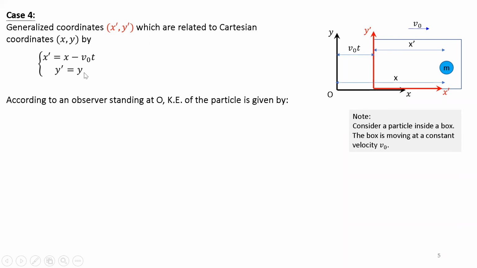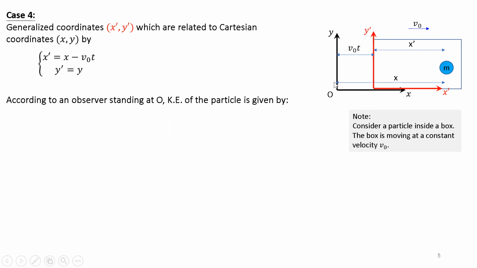Again, now I want to express the kinetic energy. Notice that I'm always talking about an observer who is standing over here at rest. Although I have 2 pairs of coordinates, I'm not really considering an observer standing on the car.